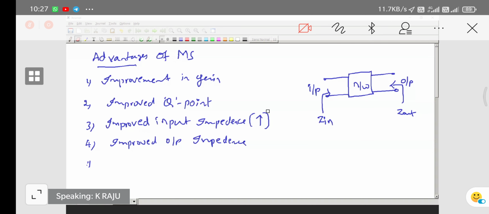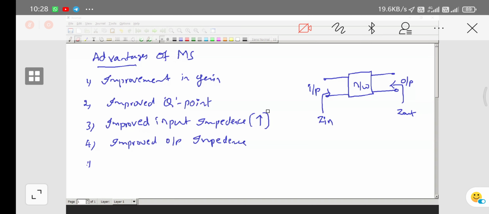Okay. Now let's see a very small topic called types of coupling in multi-stage amplifiers. What does coupling mean here? For example, if I want a two-stage amplifier, we take two amplifiers and give the input to one amplifier, and we take the output of that amplifier and give it to the second amplifier, right?